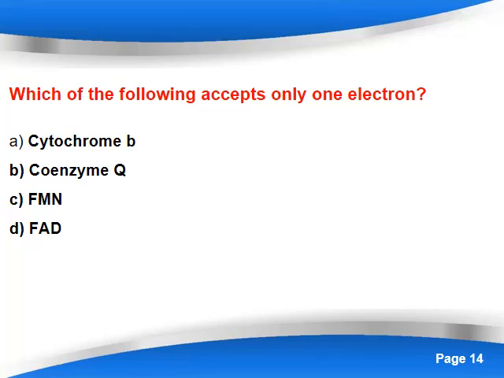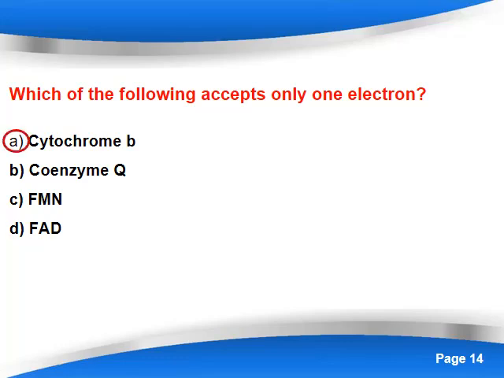Which one of the following accepts only 1 electron? Oxidation-reduction reactions occur by accepting electrons or by accepting hydrogen. Hydrogen is 2 electrons and 2 protons. Which one of them occurs by accepting electrons? Yes, it is cytochrome.